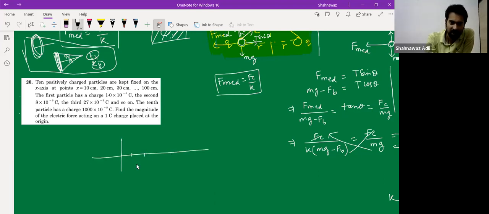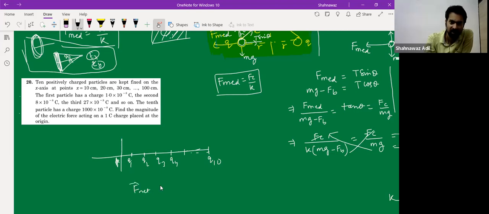So these are some charges, Q1, Q2, Q3, Q4, and so on, up to 10, and the 1 coulomb charge is placed at the origin. We have to find the magnitude of the force, F net.